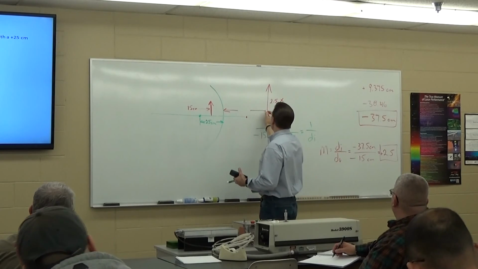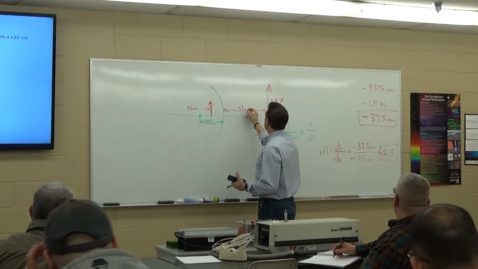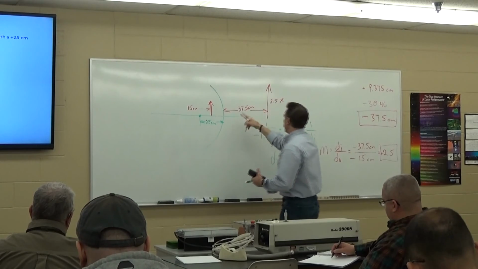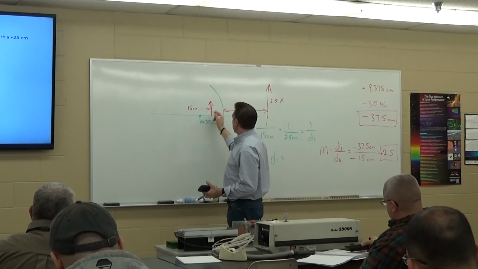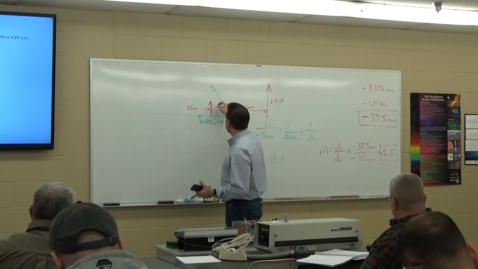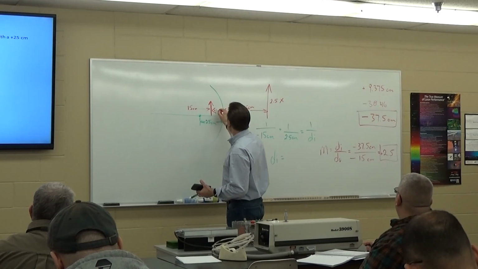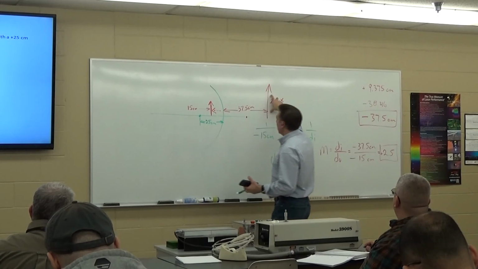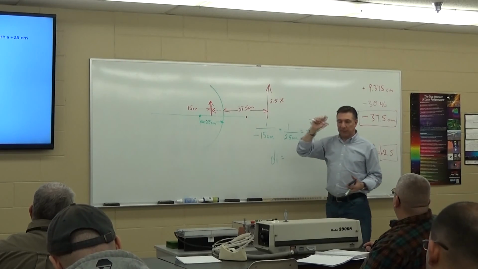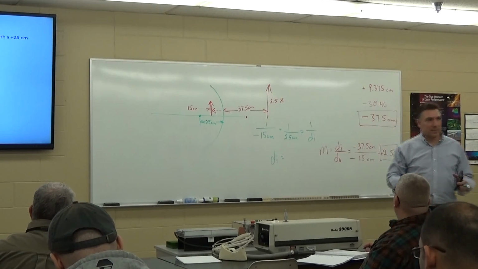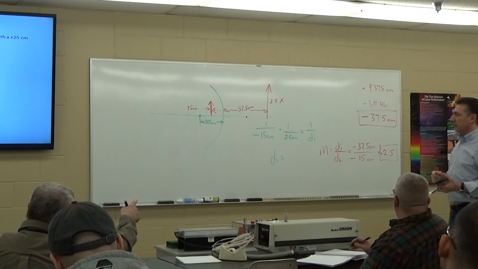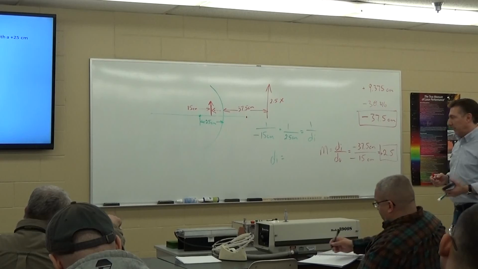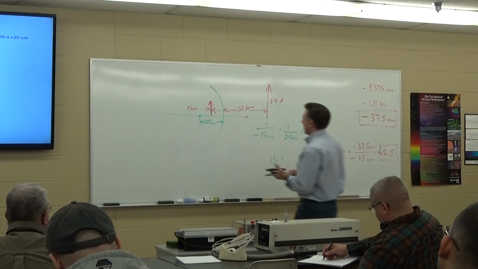Because it's minus, it's virtual, which means if this is your face looking into this mirror, what you're going to see is a magnified version of whatever you're looking at. That's measured from the normal. Yes, it's from the normal.